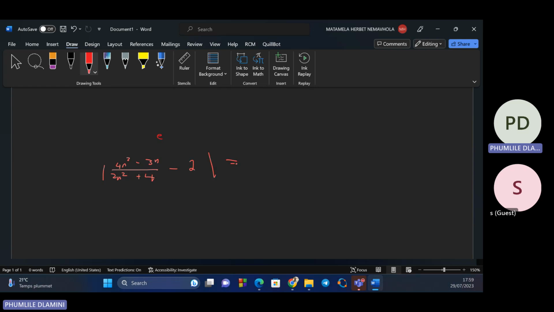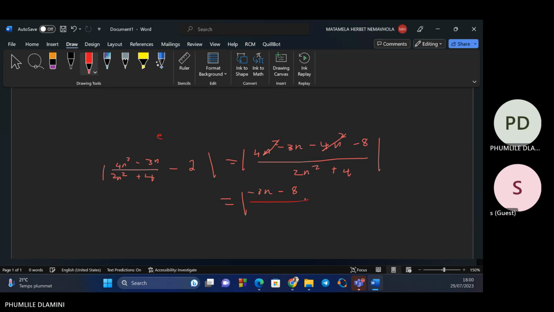Multiplying through, it's going to be 4n squared minus 3n minus 4n squared minus 8 over 2n squared plus 4. This will cancel with this one, and we're left with minus 3n minus 8 over 2n squared plus 4.